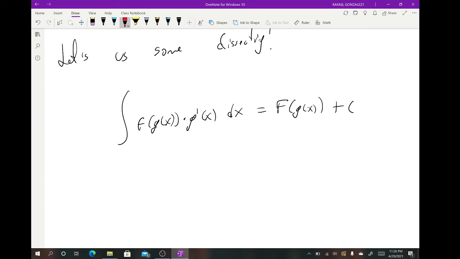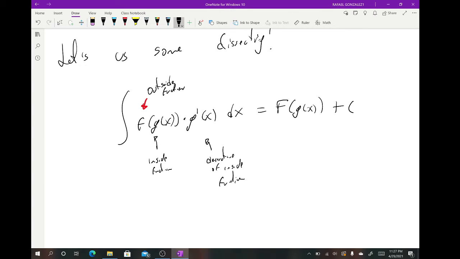Here the f function is the outside function, g of x is our inside function, and g prime of x is the derivative of our inside function.